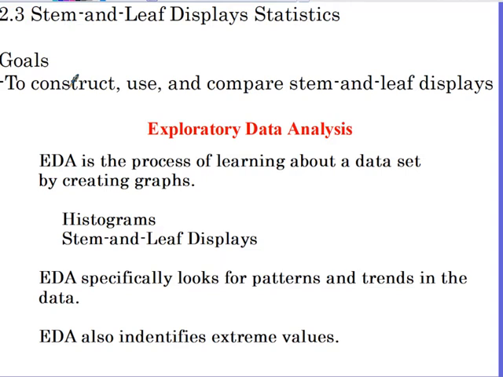This is exploratory data analysis. EDA is the process of learning about a data set by creating graphs: histograms, stem and leaf displays. EDA specifically looks for patterns and trends to see what's happening with the data. EDA also identifies extreme values.